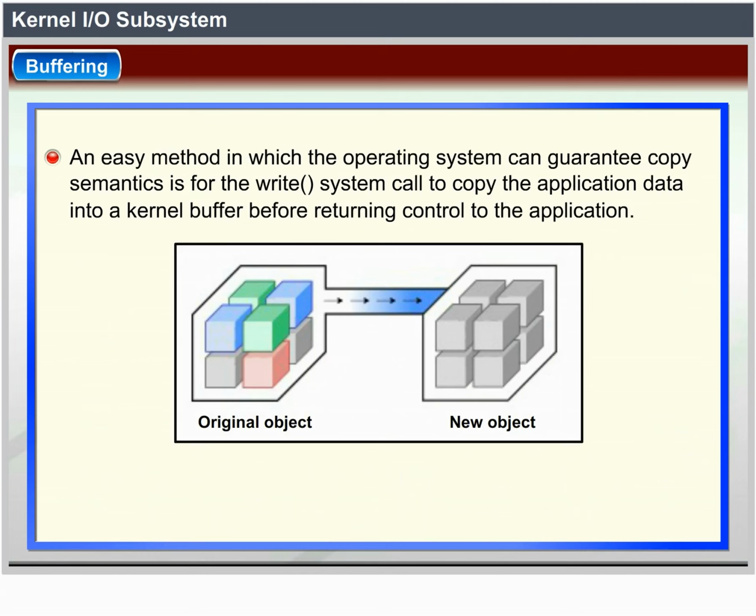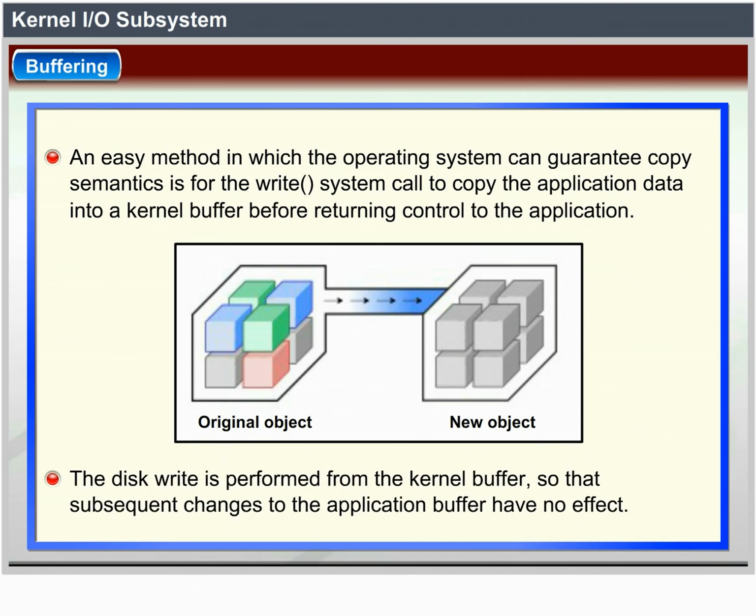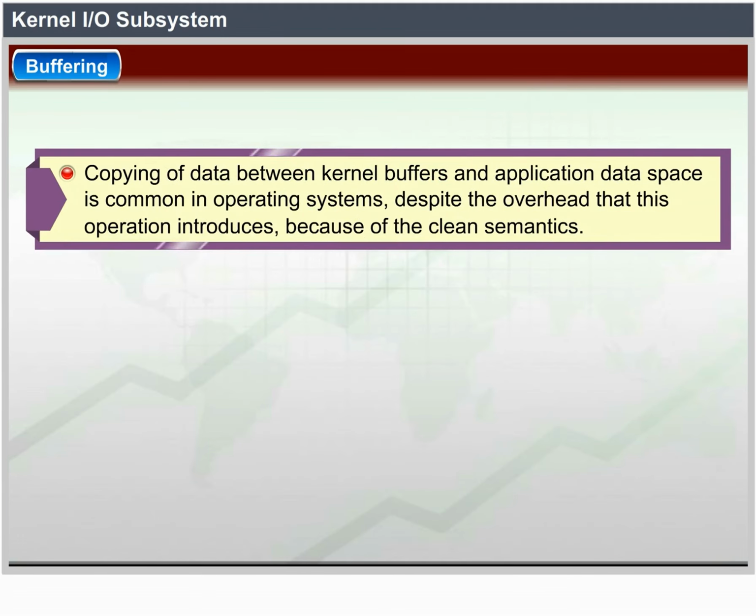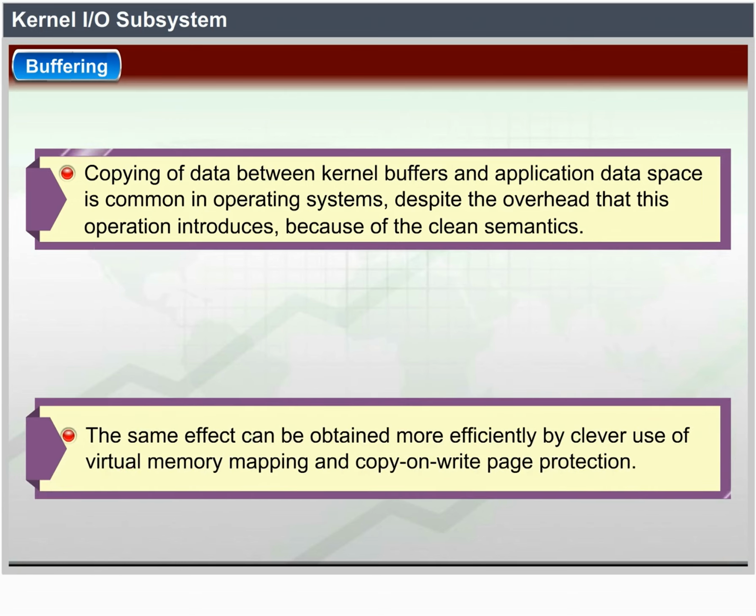The disk write is performed from the kernel buffer so that subsequent changes to the application buffer have no effect. Copying of data between kernel buffers and application data space is common in operating systems, despite the overhead that this operation introduces, because of the clean semantics. The same effect can be obtained more efficiently by clever use of virtual memory mapping and copy-on-write page protection.